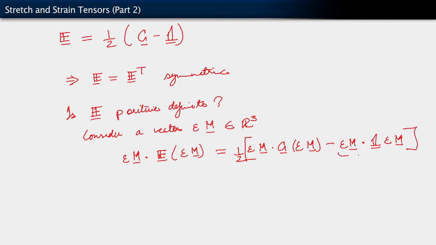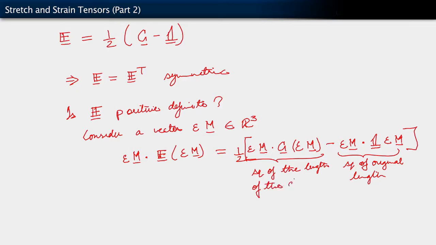Now, this is the square of the original length of the vector. Here we have the square of the length of the deformed or stretched vector.